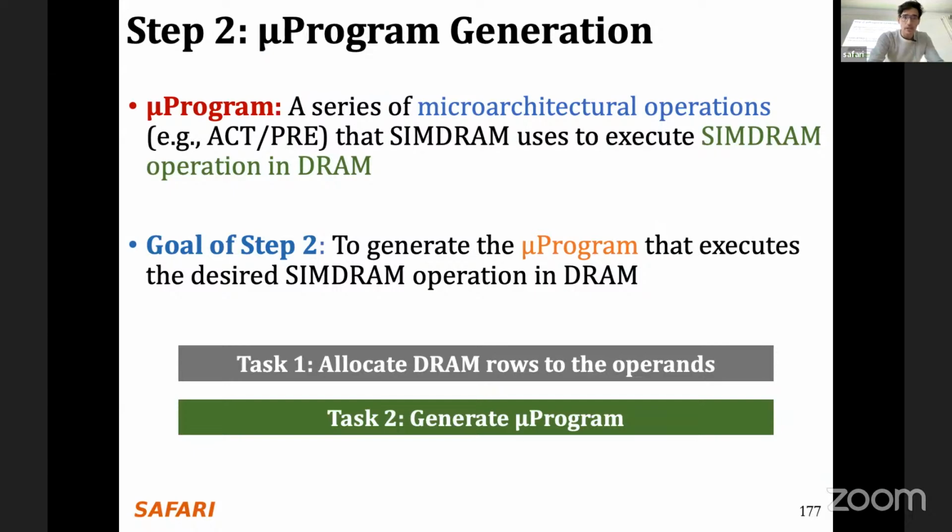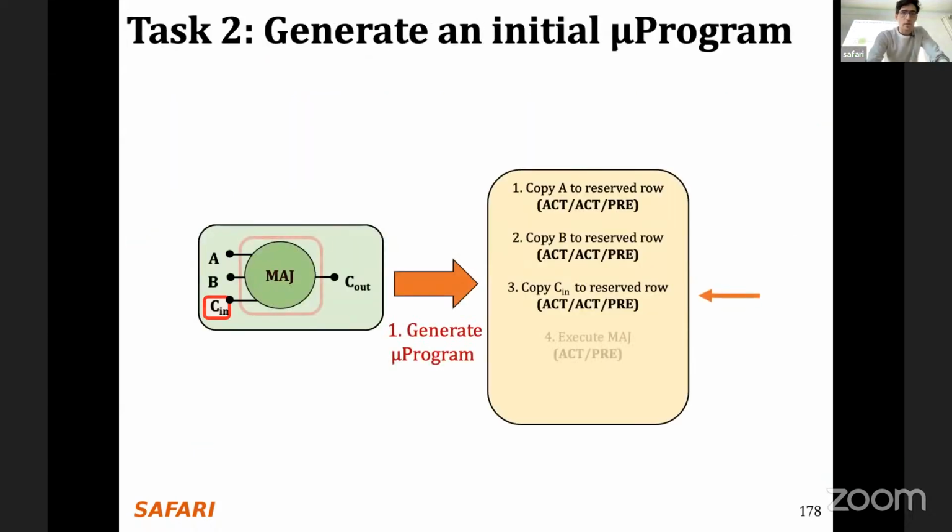After we have the data placement, we generate the microprogram. For example, what do we need here? Well, we may need to first copy using row clone from row A to a reserved compute-capable row, then copy B, then copy C in, and then execute the majority operation, right? This is the microprogram. And observe that the microprogram is basically composed of activate and pre-charge operations that are 2 of the basic commands that the DRAM controller sends to the DRAM chips.